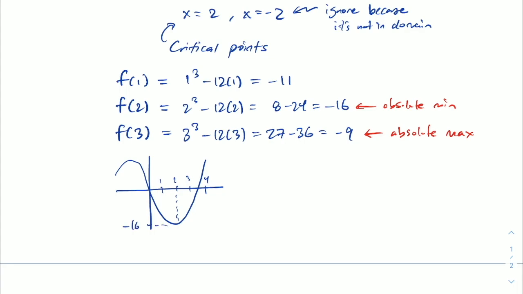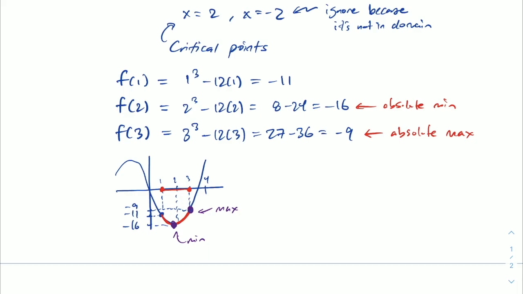It outputs at 1, negative 11. And it outputs at 3, negative 9. So we're only looking at these values from 1 to 3. So on this domain, the min is going to be this negative 16, and the max is going to be this negative 9.